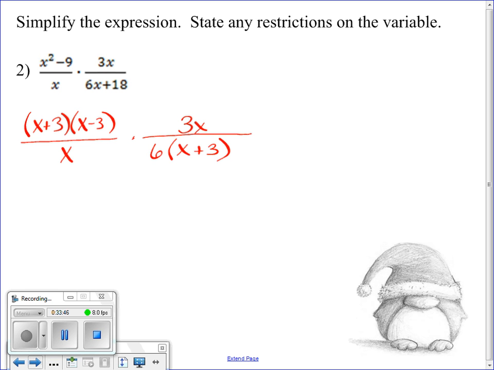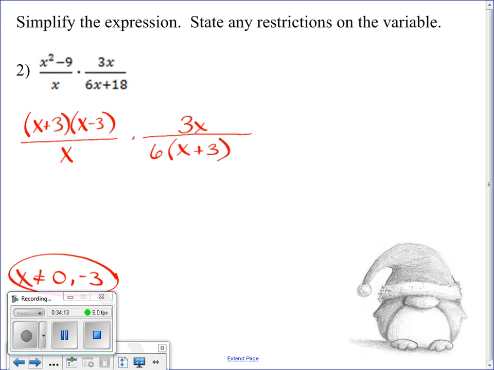Step 2, restrictions. X is not allowed to equal what? 0 and -3. Does that 6 on the bottom give me a restriction? No. Doesn't have an x with it. Step 3 is to cancel. That's the fun part.